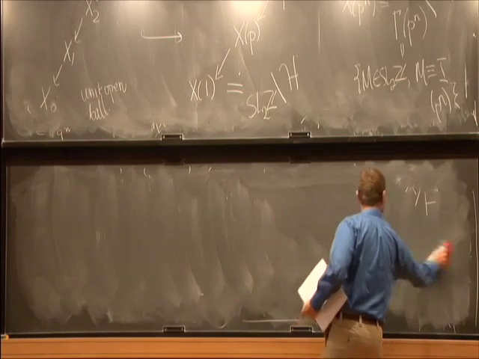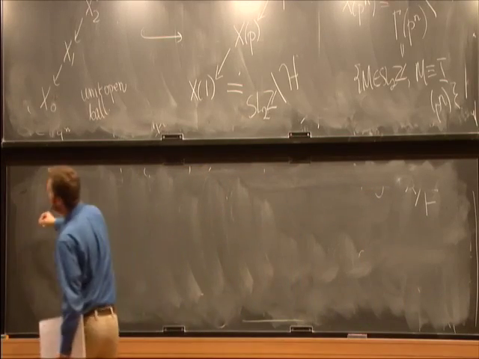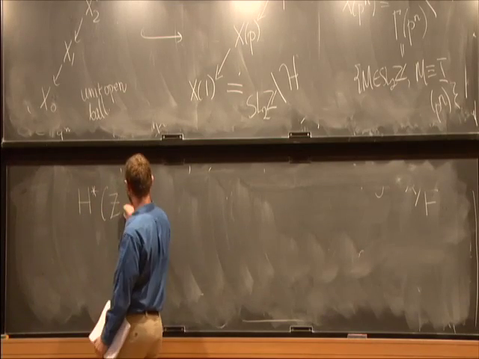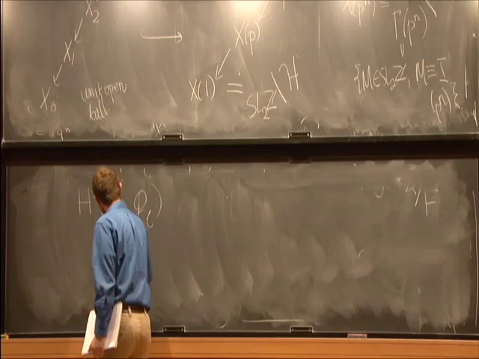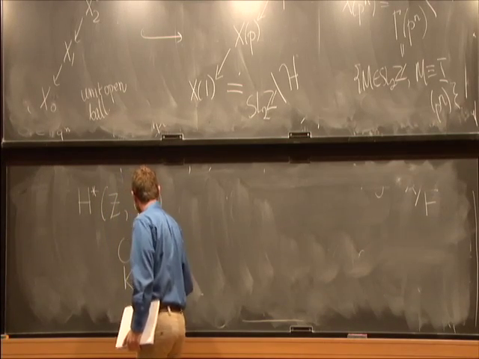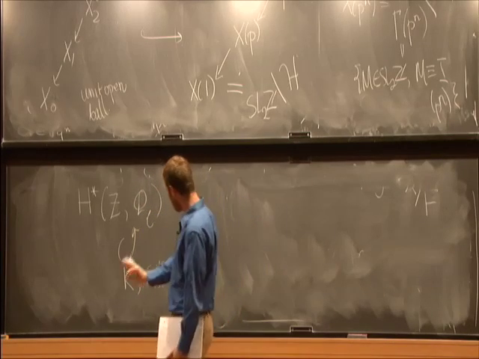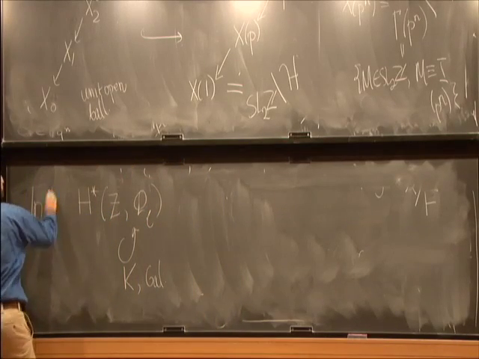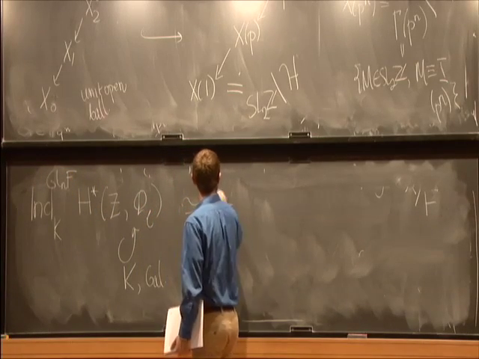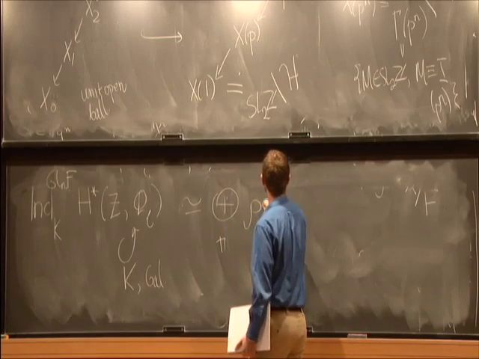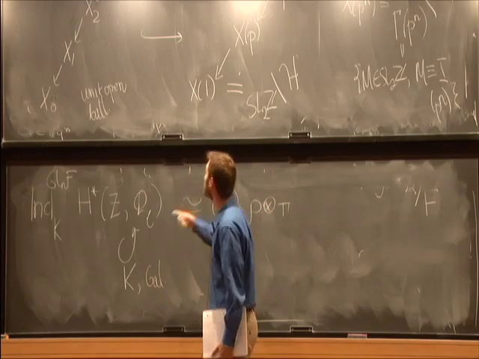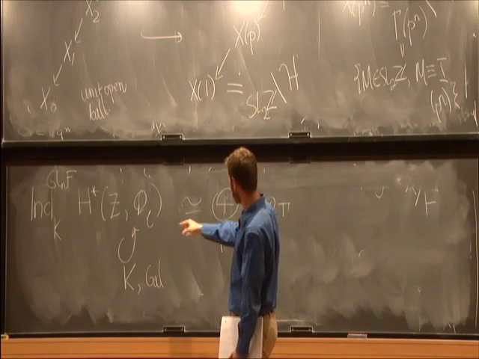The more precise thing I would like to say is that the cohomology of Z with Q_l coefficients, together with its action of K and Galois, when you induce from K up to GL_N(F), should decompose into a sum of rho tensor pi's, where rho is a Galois representation and pi is a representation of GL_N(F).